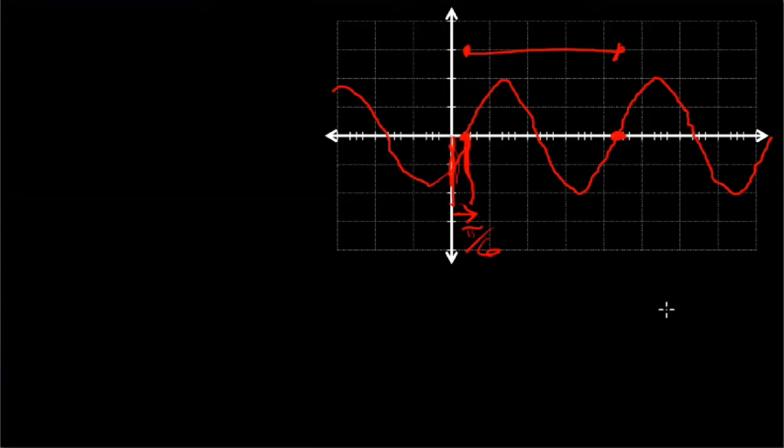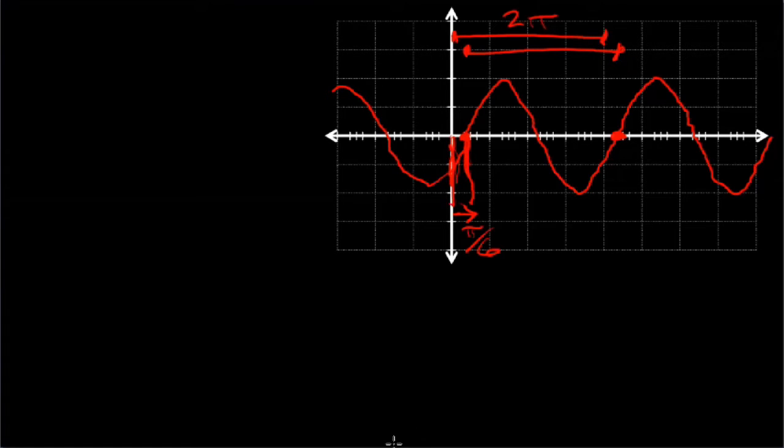I go through a full up and down cycle. To make it easier to calculate, instead of trying to figure out how long that is, I'm just going to notice that those are the same distance away from the grid line, and so I'm just going to shift it over on each end. And so the period is whatever that distance is right there, which happens to be 2 pi.